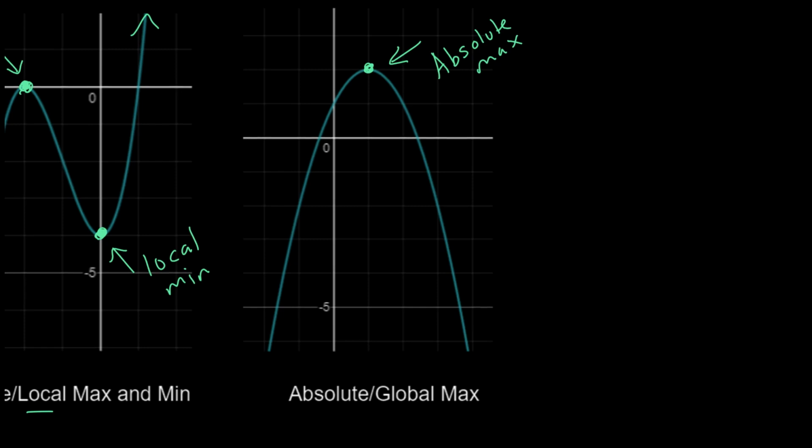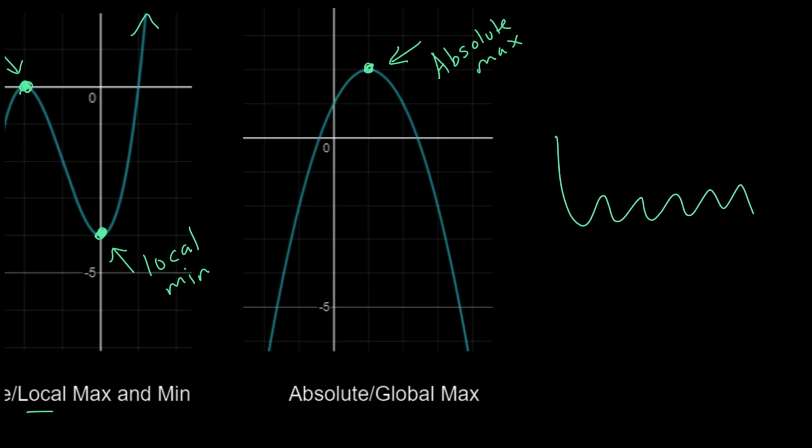So, what are the only types of functions that could possibly have an absolute or global max? What else now, though? Even functions, right? Because even functions have the same end behavior.